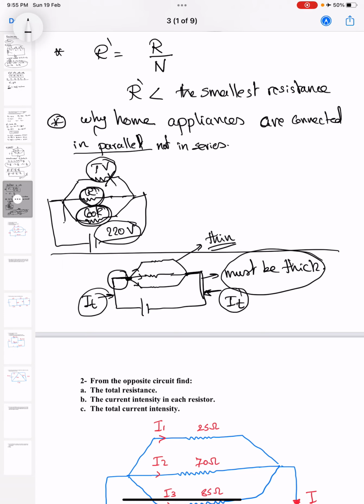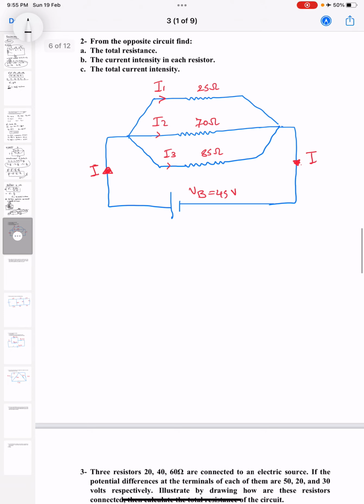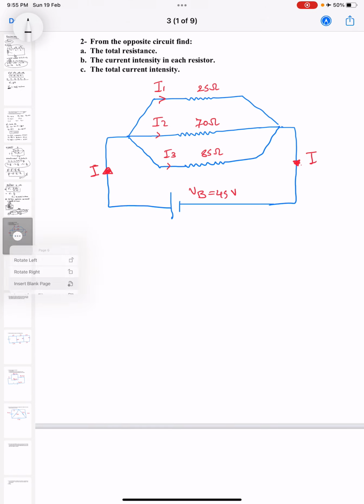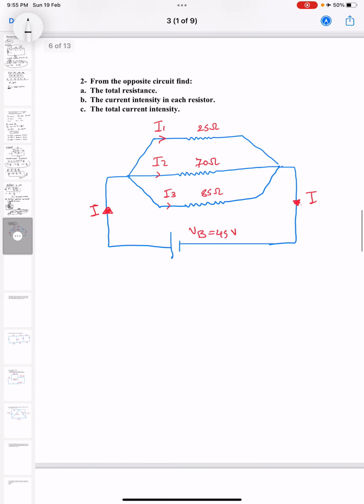Let's take a problem. From the opposite circuit, find the total resistance. The first one, A. R1 is 25 ohm, R2 is 70 ohm, R3 is 85 ohm. Here the resistances are in parallel.